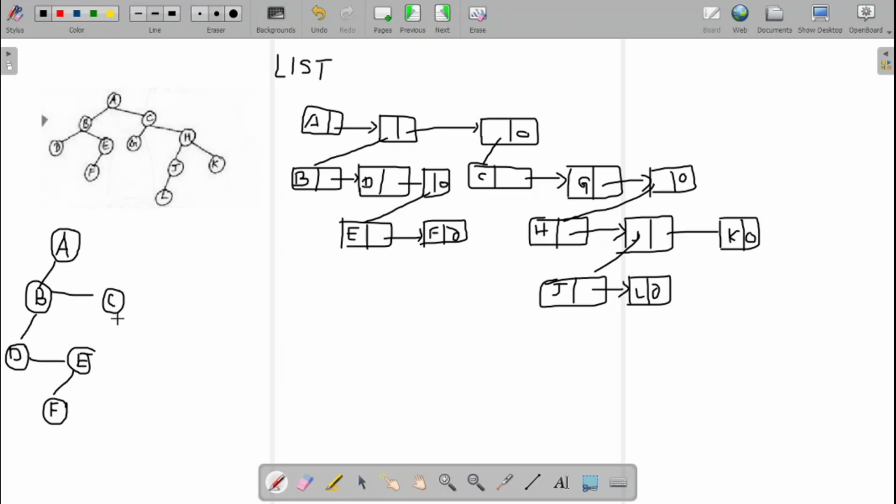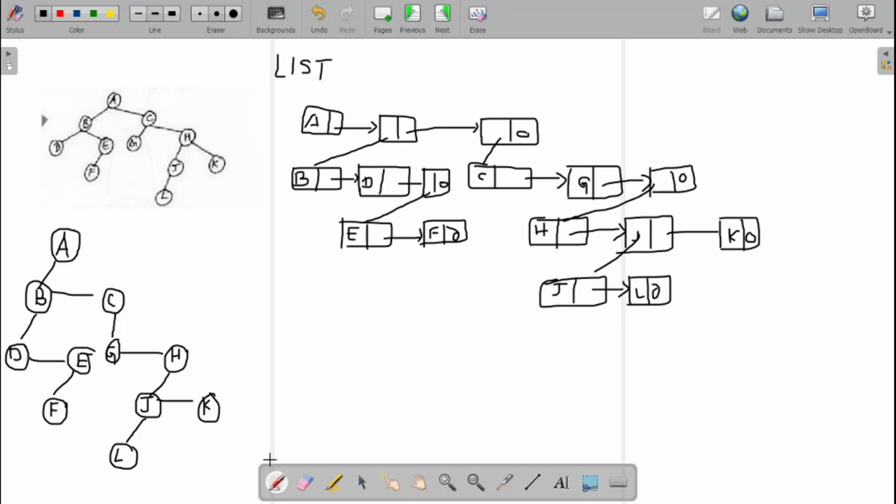Then next for the C, left child is my G. Right sibling of the G is H. For the H, left child J, sibling K. Then next for the J, left child L. Sibling, I don't have it.